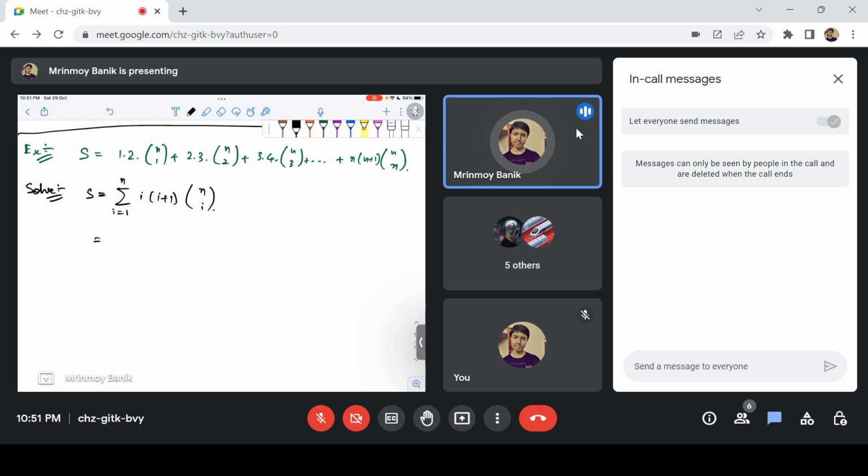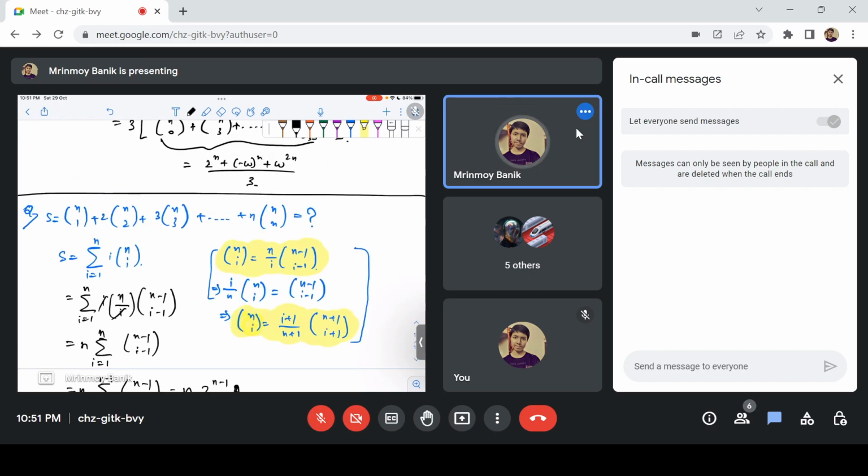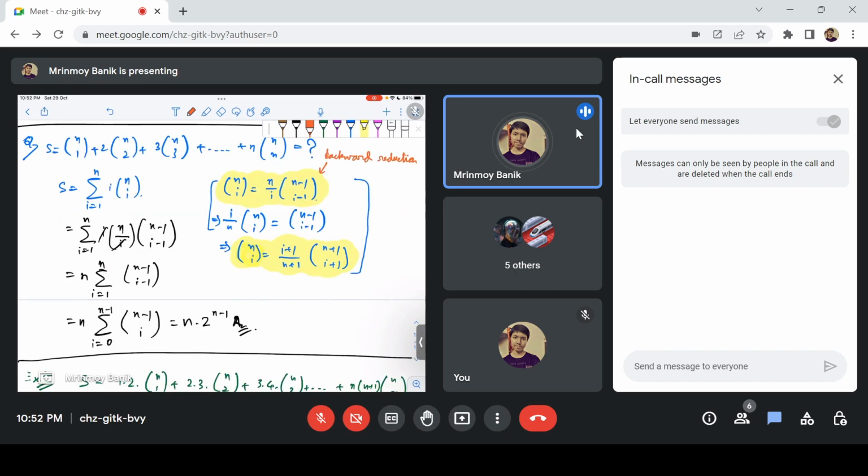And here you have to use the backward reduction twice. This is the forward reduction.